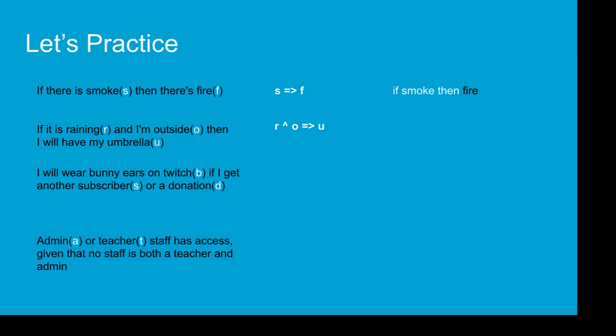The order of operations would dictate that we do the binary operation before we do the implication, but it wouldn't hurt to put parentheses. So, raining and I'm outside implies I'll have my umbrella. So in if terms, it would look like that.